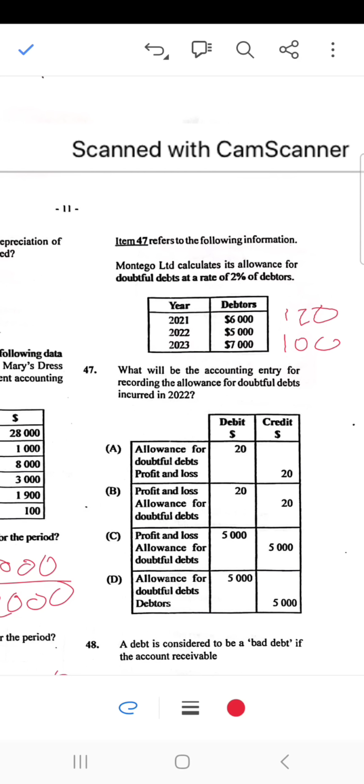If it decreases, the amount it decreased by is debited in the allowance for doubtful debts and credited in the income statement, so it's recorded as a revenue. In this case, it's decreasing by 20, so we are going to debit your provision for doubtful debts and credit your profit and loss account to record it as a revenue. So 47 is A.